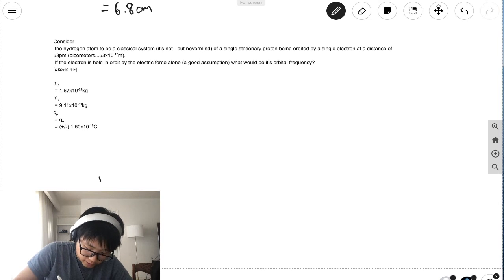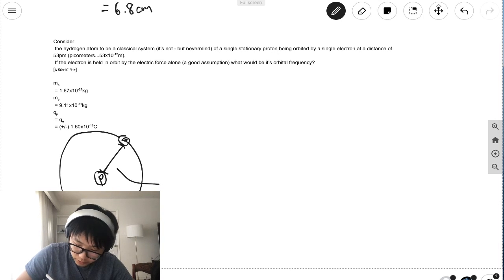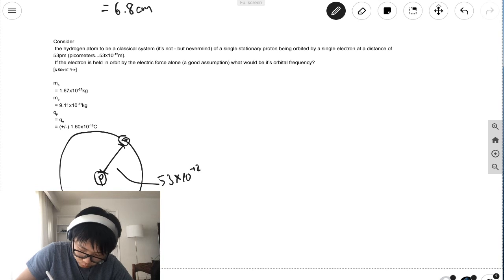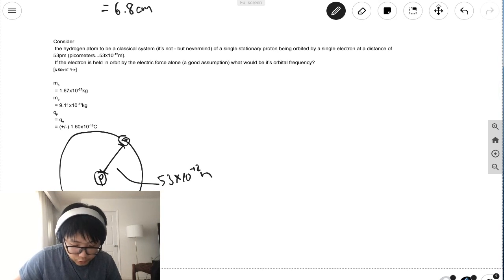So a hydrogen atom has a proton here, and it has a negative, so this is going with the Bohr-Rutherford model, right? So they're saying that orbit radius is going to be 53 times 10 to the negative 12 meters, because it's 53 picometer. If the electron is held in orbit by the electrical force alone, what would be the orbital frequency?